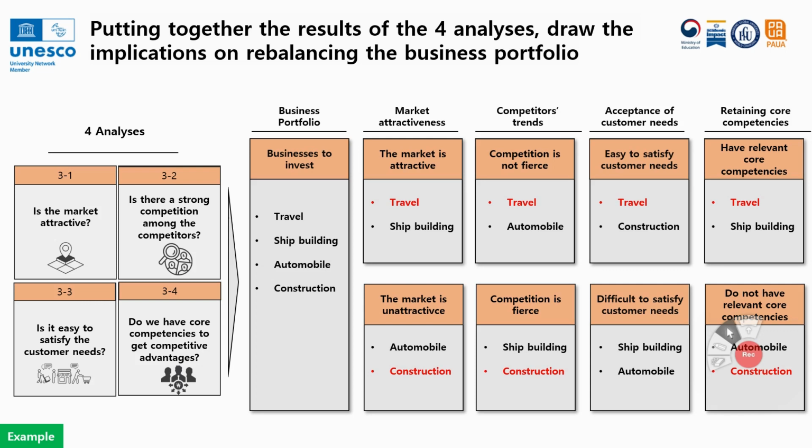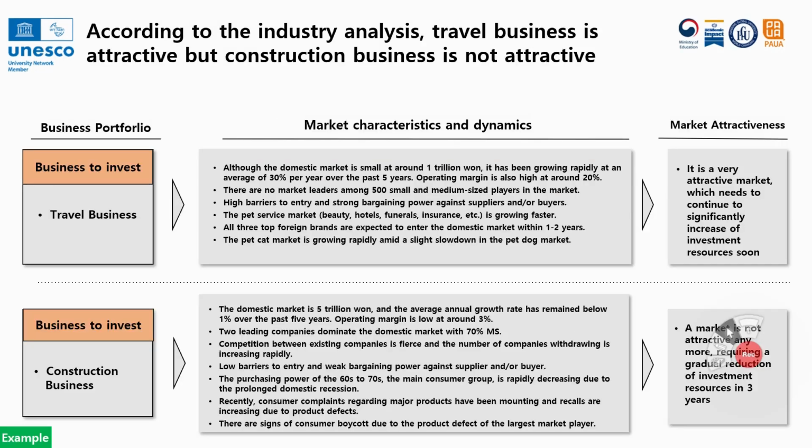And according to our analysis, we do not have relevant core competencies in automobiles and construction. So based on the data from those four analyses, if we just put together the results of the four analyses, we can easily draw the implications for rebalancing the business portfolio. That means we will increase our investment in the travel industry and we will decrease our investment in the construction business. Okay.